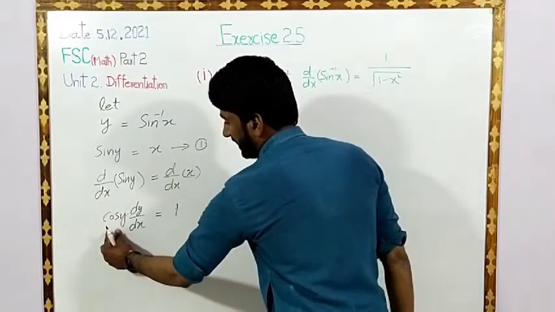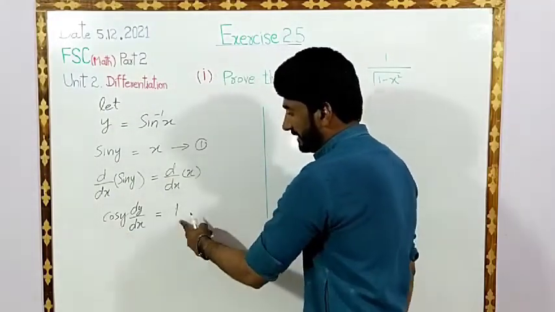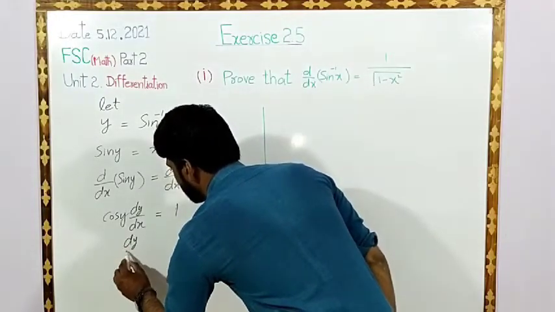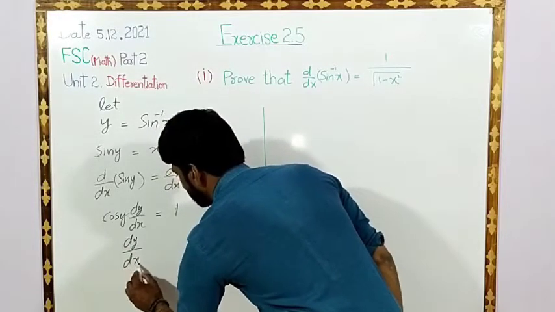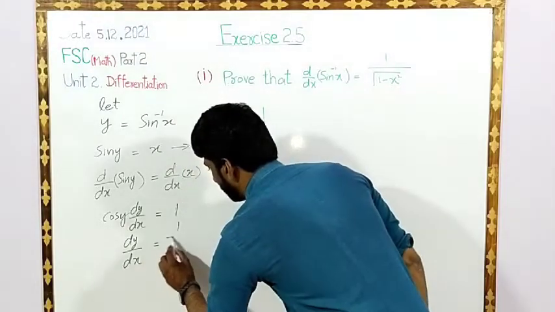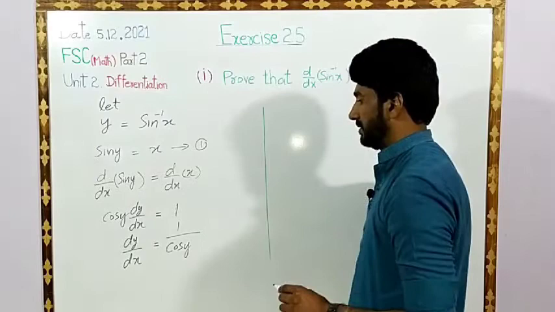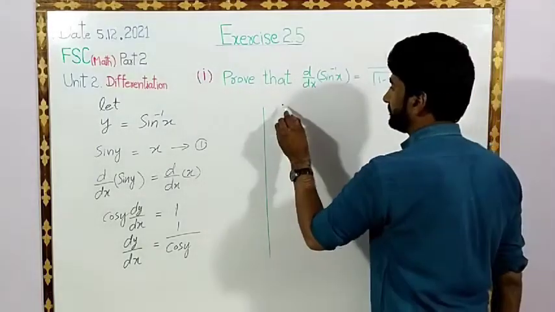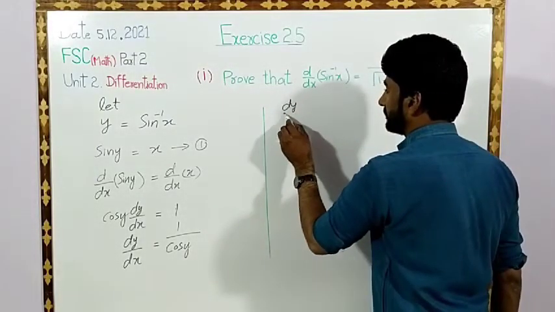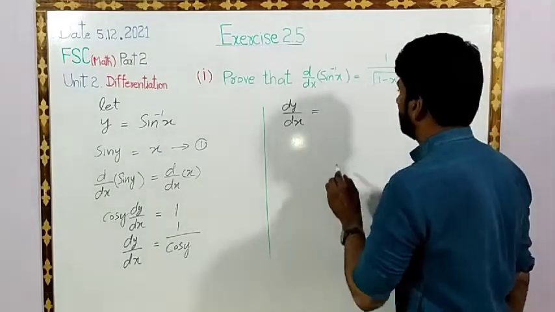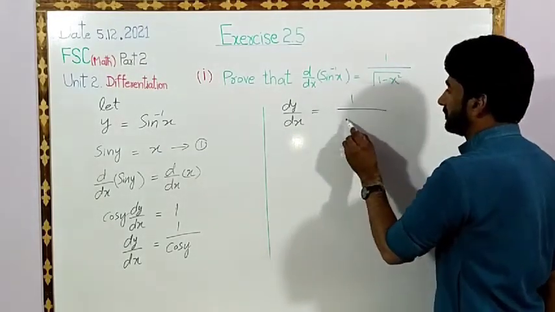Now this cos y will be divided to the other side, so dy over dx is equal to 1 over cos y.